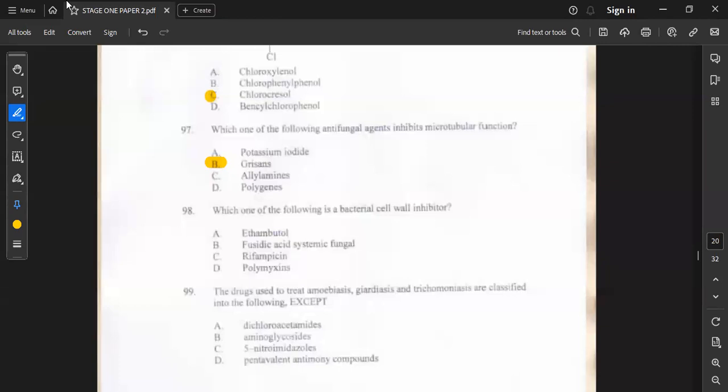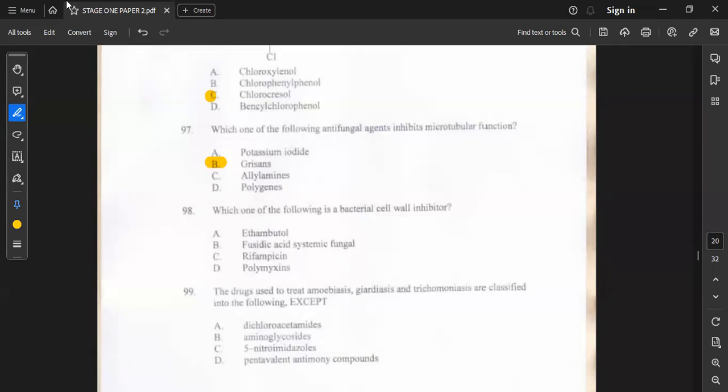And for ketoconazole, I know the topical formulation is used for seborrheic dermatitis, which is a fungal condition that affects the skin and the scalp, caused by Malassezia.